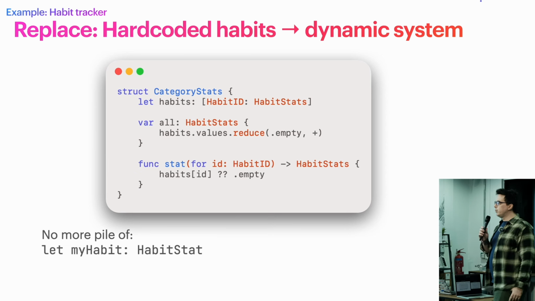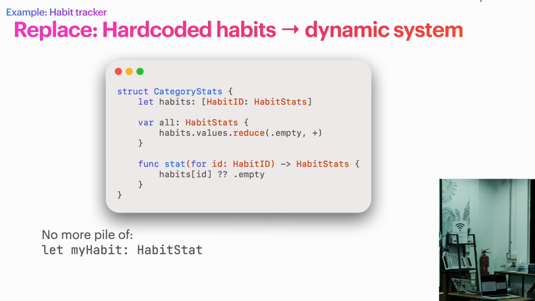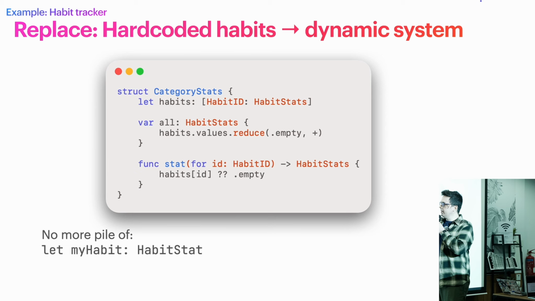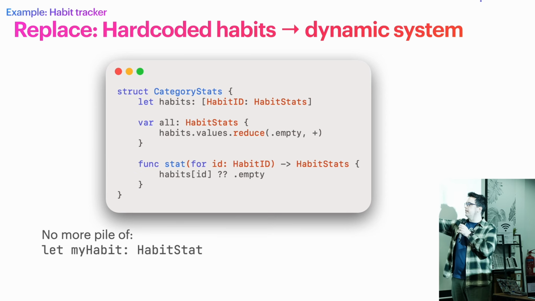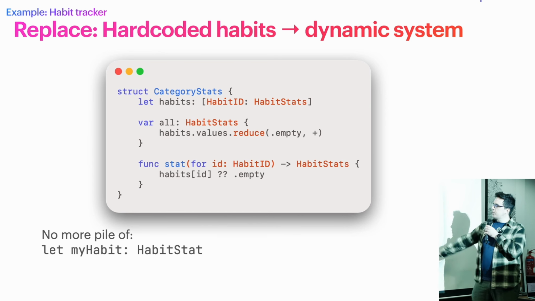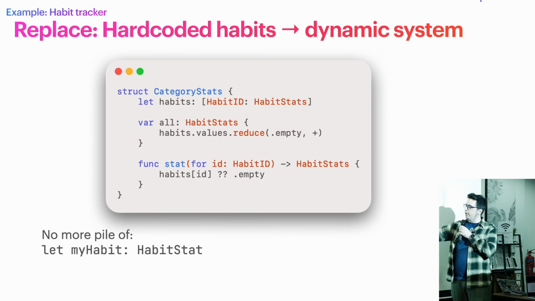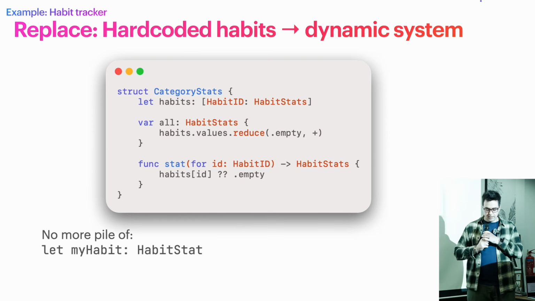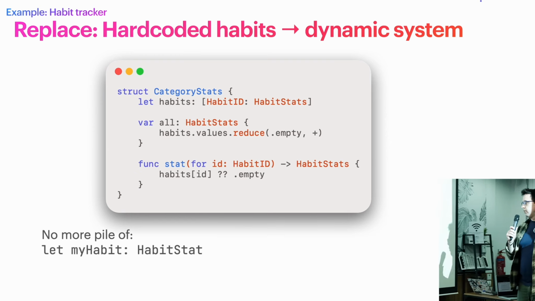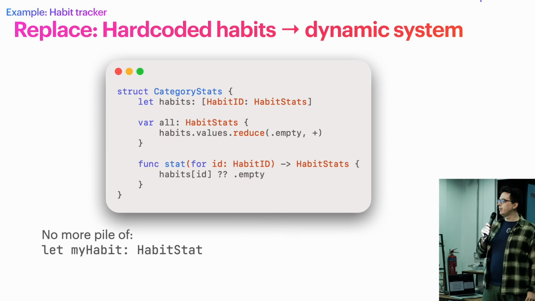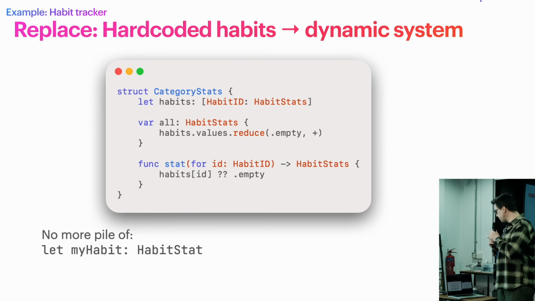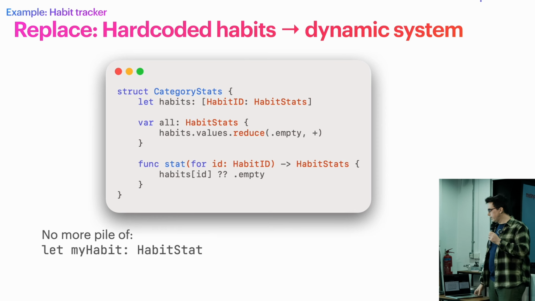So how are we going to do that? We remove all the lets with the different categories here, and we replace them with a dictionary of habit ID for the keys and habit stats for the values. We change our computed variable to reduce all the habits together instead of manually adding them together. And by the way, we also added a function that returns the habit stats for a particular ID by simply accessing the key.